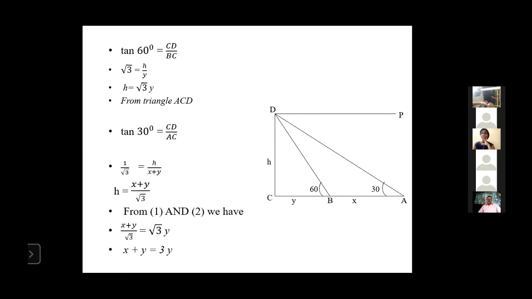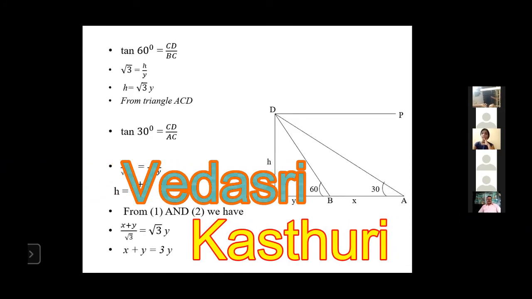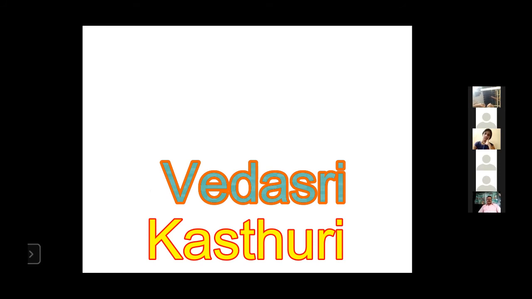Now, this plus y you send to the RHS, it becomes minus y. Here, x is equal to 3y minus y, it is 2y. Then send this 2 to the LHS, it becomes y is equal to x by 2.